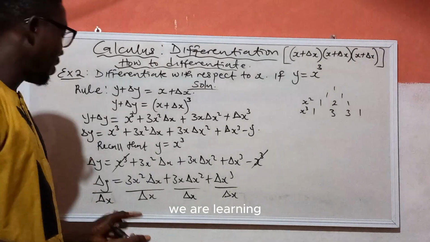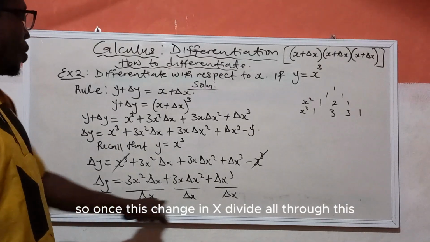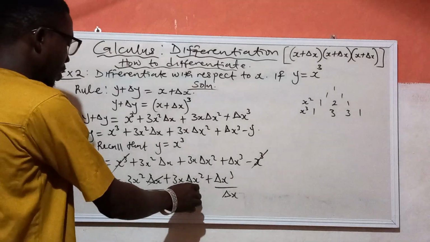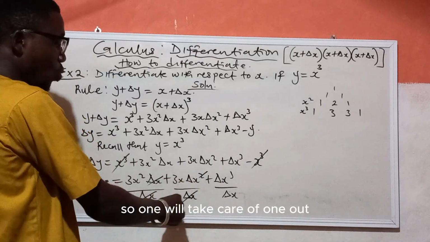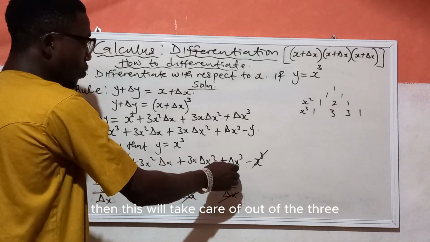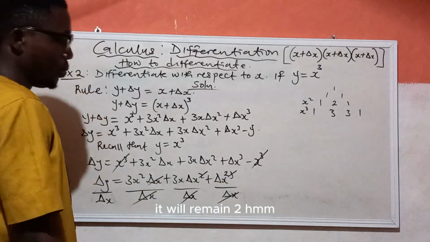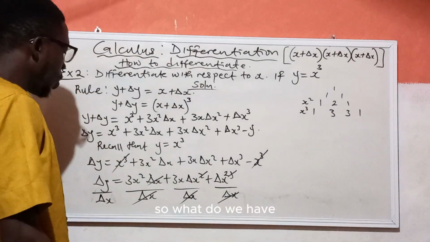We are learning. Once we divide all through by change in x, this will cancel this. This will take care of this. This one is 2 times, so one will take care of one out of the 2 times, then this will take care of one out of the 3, so it will remain 2. So what do we have?